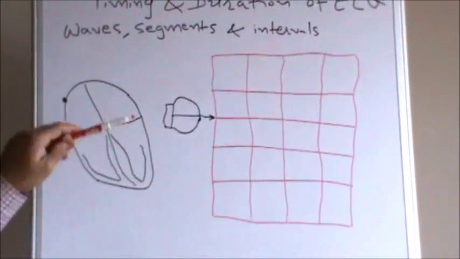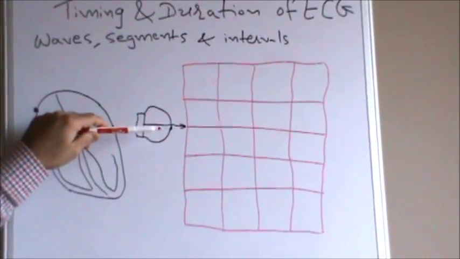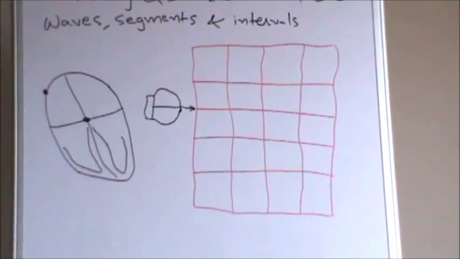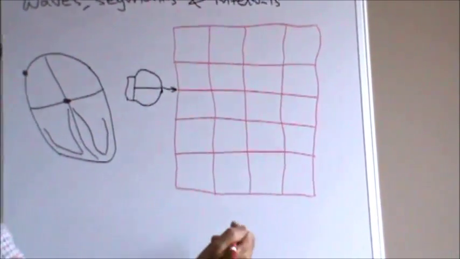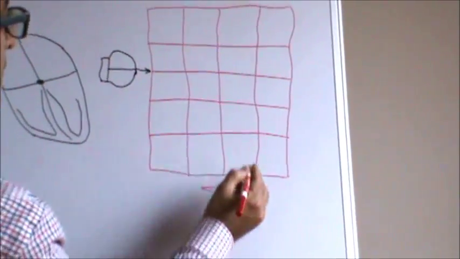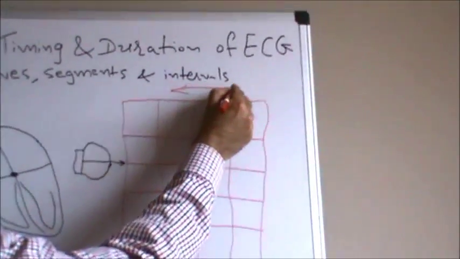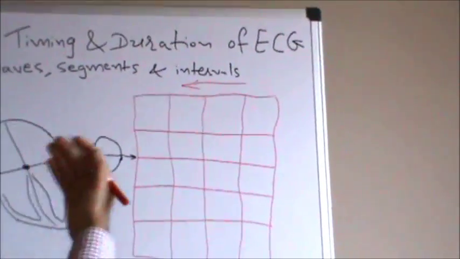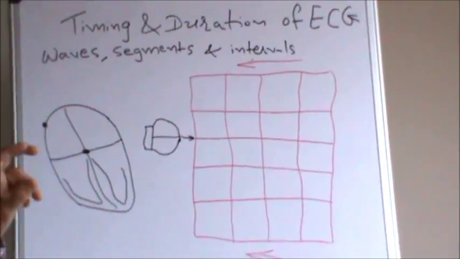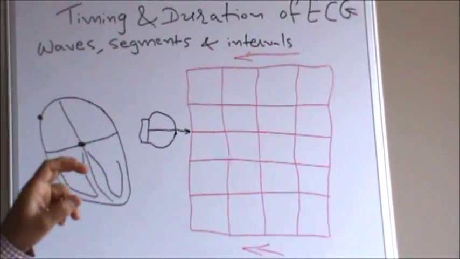Now you remember we talked about the pointer or the needle that goes up and down, and the ECG paper, if connected, moves like this. So this is a special calibrated paper.